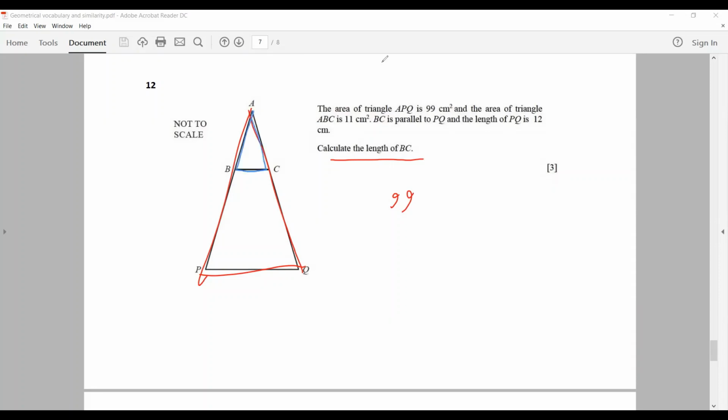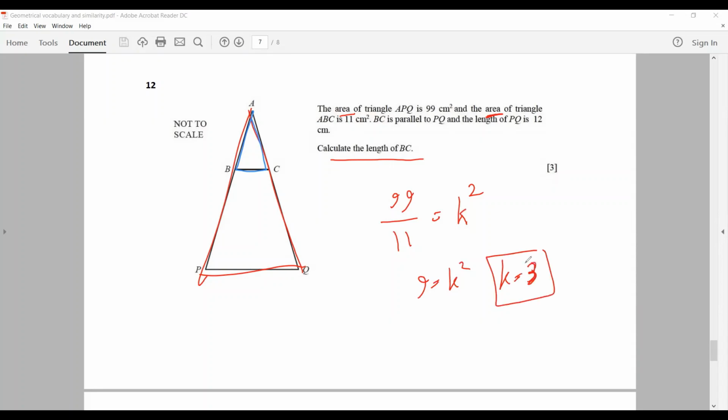So let's divide them. That gives us k squared, not k, because we're talking about areas. And the answer is 9 is equal to k squared, therefore k is 3.